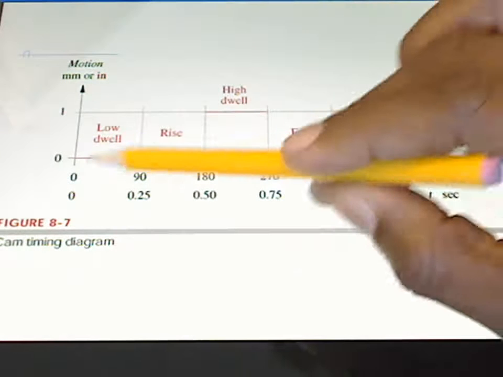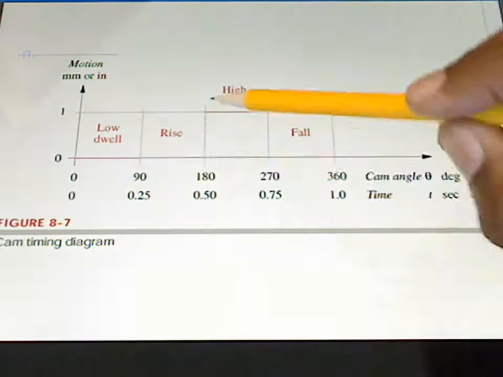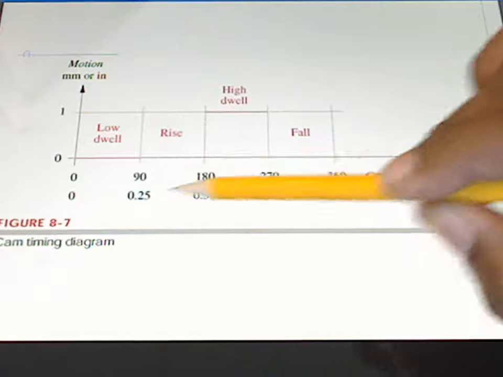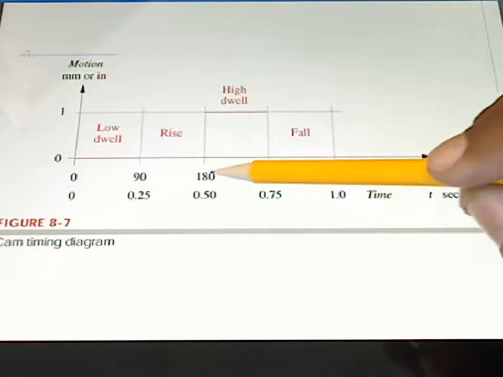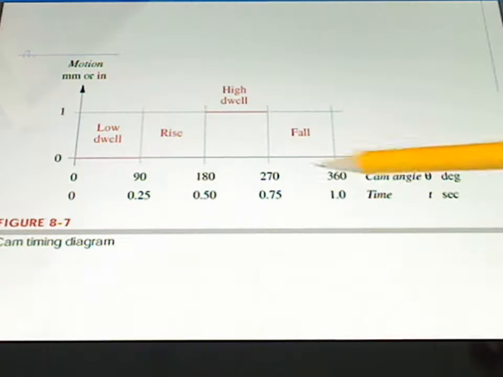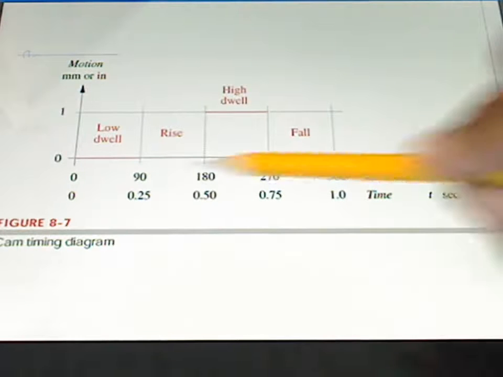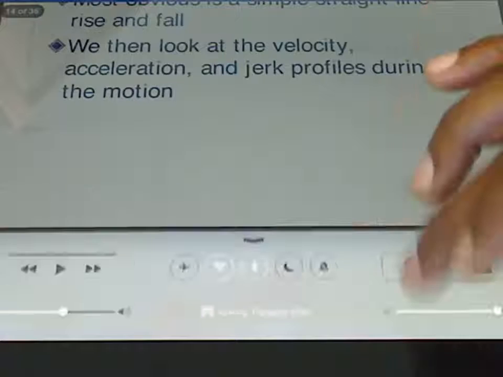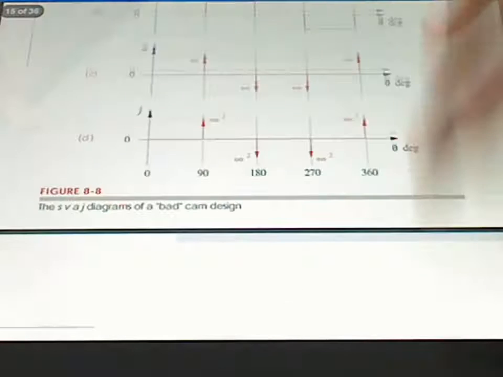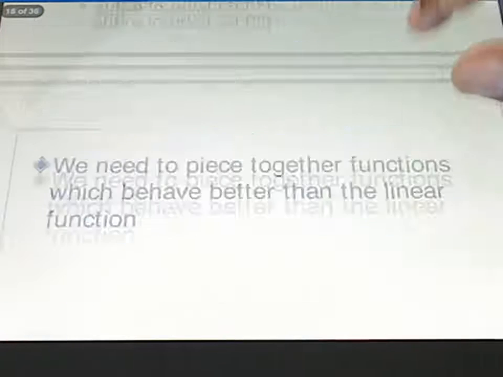So the low dwell has a beta of 90. The rise also has a beta of 90 because it goes from 90 to 180. The high dwell has a beta of 90, and the fall in this case has a beta of 90. So all of our betas are 90 in this case. This does not always have to be the way that it is, just so it is that way for this particular example.